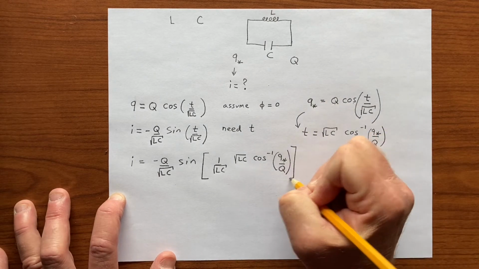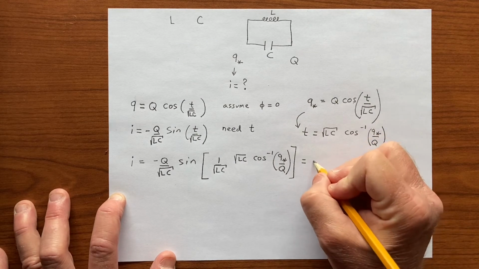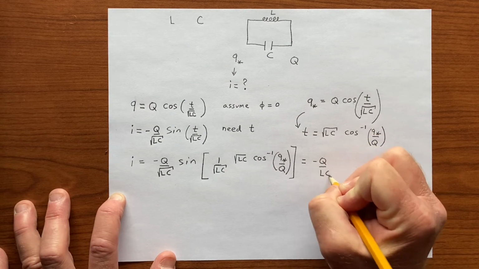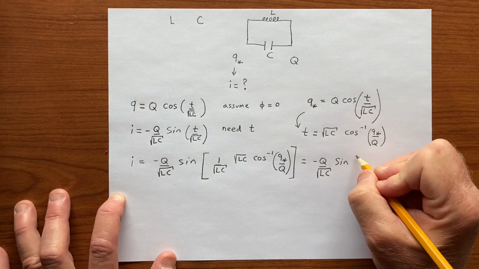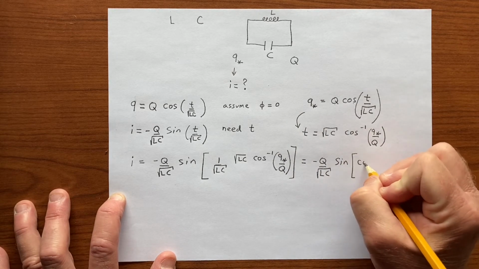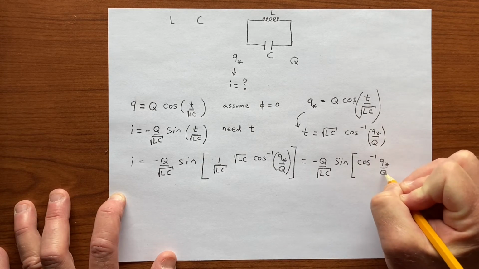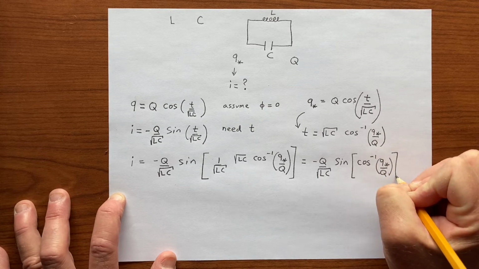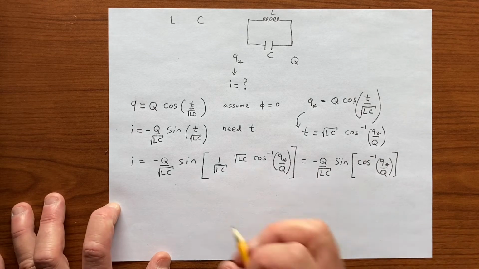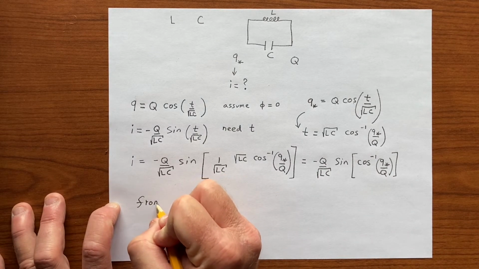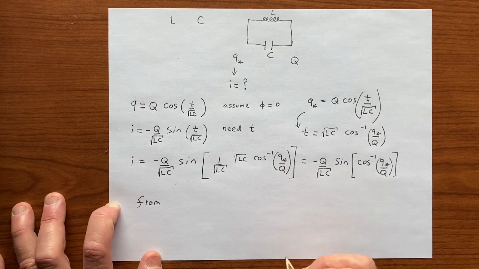And this simplifies to minus Q over the square root of LC times sine of the inverse cosine of Q star over capital Q. So we need to figure that out. Let's notice that we know sine squared of x plus cosine squared of x equals 1.